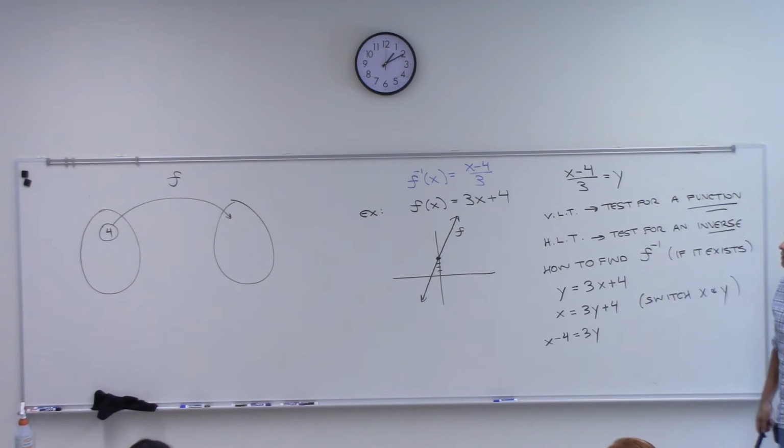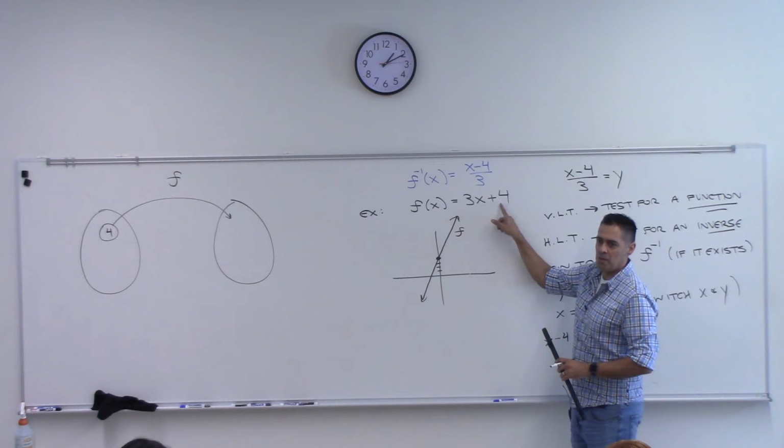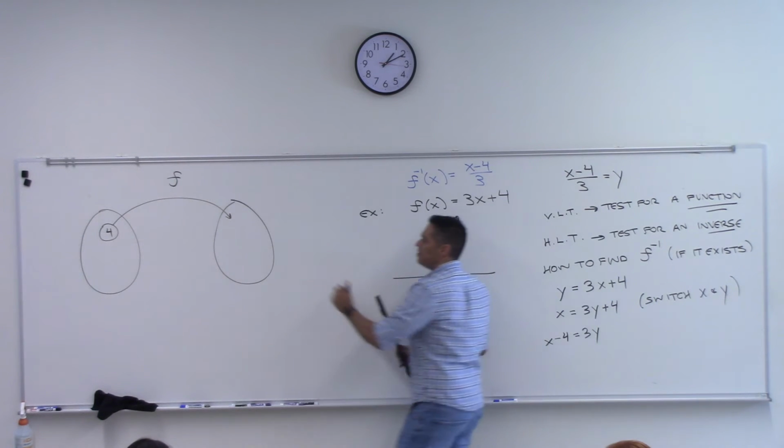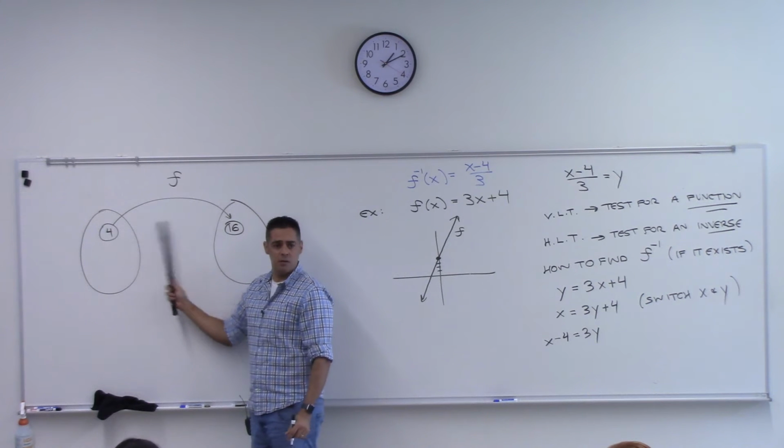Plug 4 into f, and where does it get sent? 16. 3 times 4 is 12, plus 4 is 16. So it gets sent over to 16. That's what f does to the number 4.